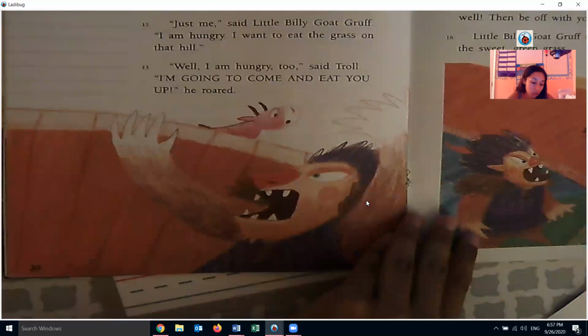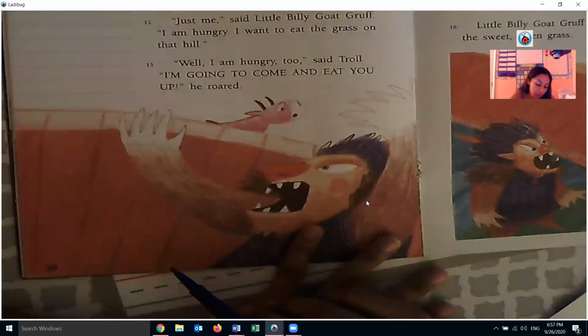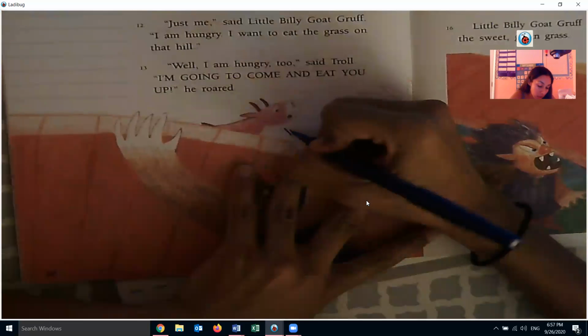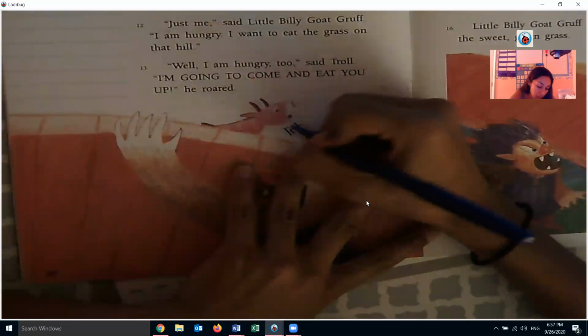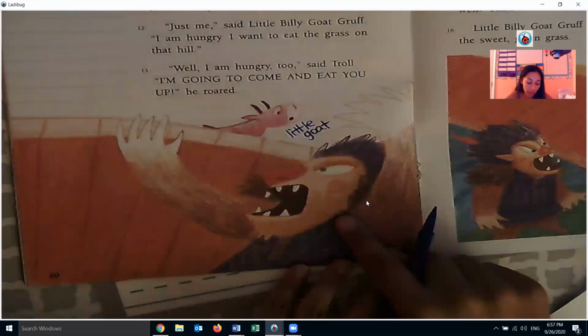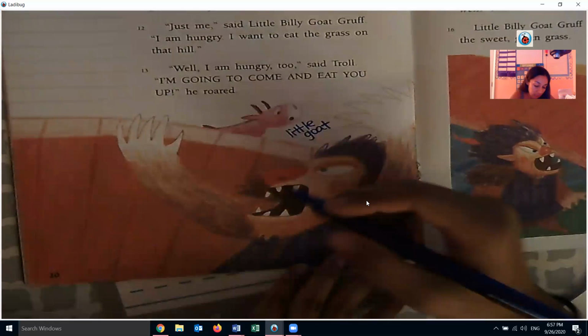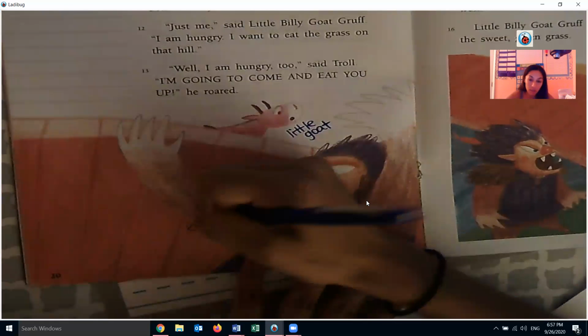So here in this picture, we can see the little goat trying to cross over the bridge, and we can see Troll being angry, trying to eat the goat.